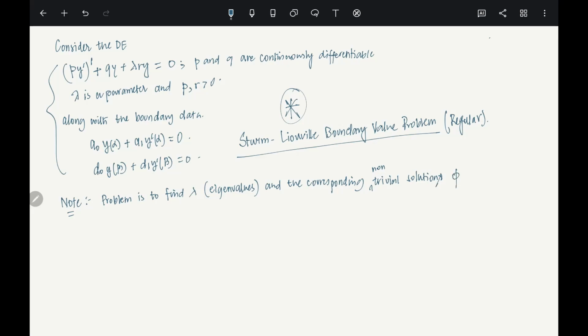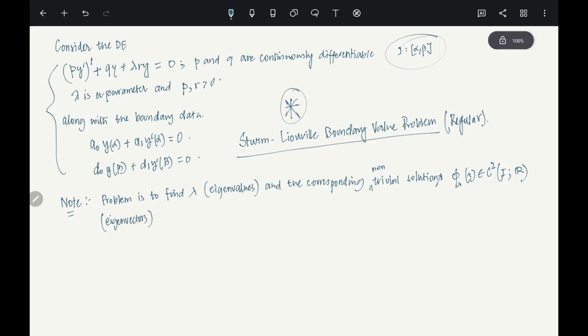We will call it phi lambda of x. So any solution of this for a given lambda will look like phi of x, lambda, which is again a function with sufficient regularity, in C2 of I, defined on I, which is alpha beta, a finite closed bounded set, I to R. A non-trivial function like this will be called eigenvectors, or eigenfunctions also.